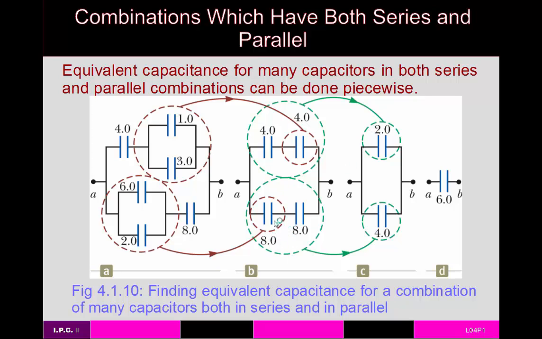Two 8s which are in series give us an equivalent of a 4. So now these two are in parallel, so we can just add them up. 4 plus 2 gives us 6. So that's one way of approaching more complex combinations of capacitors, combinations that have both capacitors in series and capacitors in parallel together.